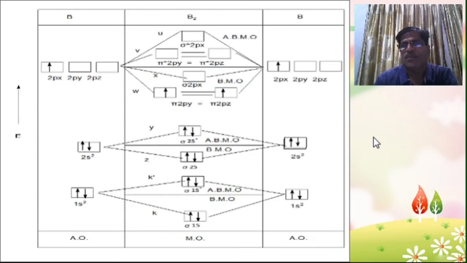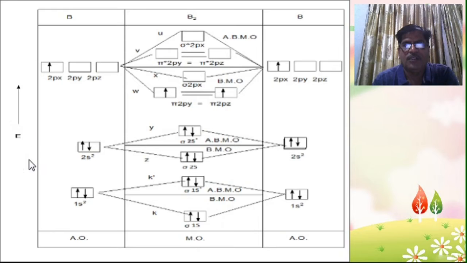Here we take the B2 diatomic molecule and draw its MO diagram, where atomic orbitals combine to generate the MO diagram.